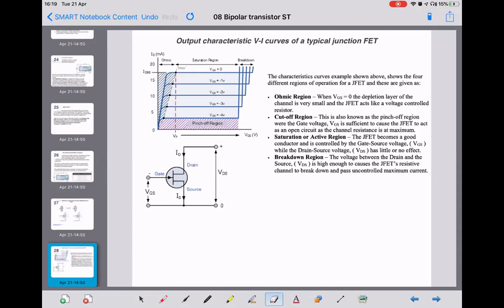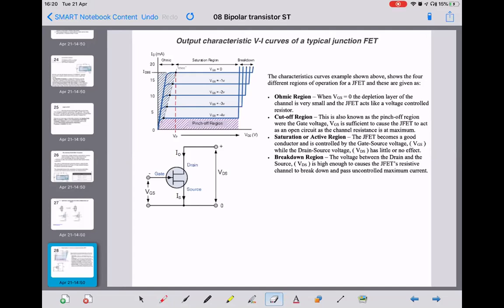Then there's a cutoff region, also known as the pinch-off region, where the gate voltage is sufficient to cause the FET to act as an open circuit. The channel resistance is a maximum. So, switch off. And then we've got the active region, which is the bit in the middle. It becomes a good conductor, and the value of the current is controlled by the gate to source voltage.